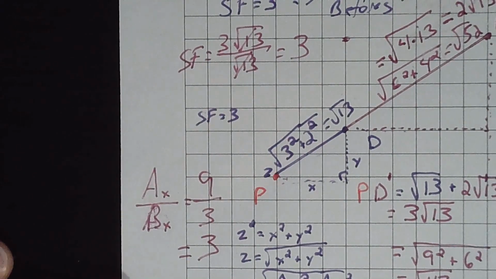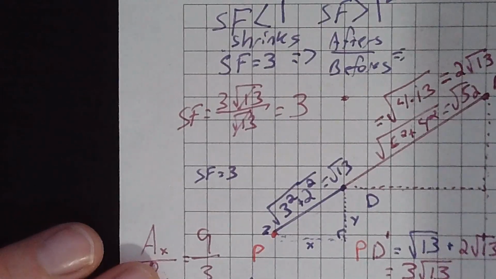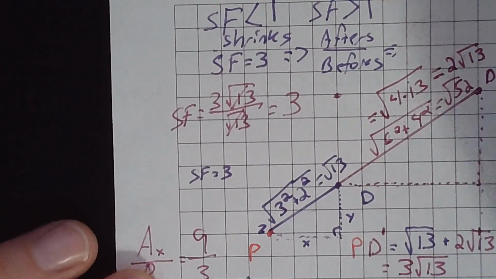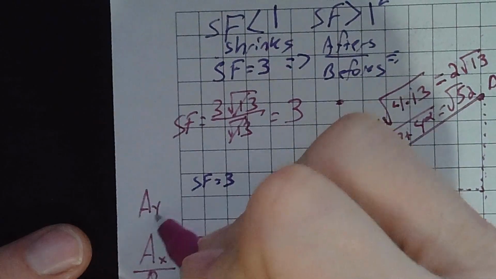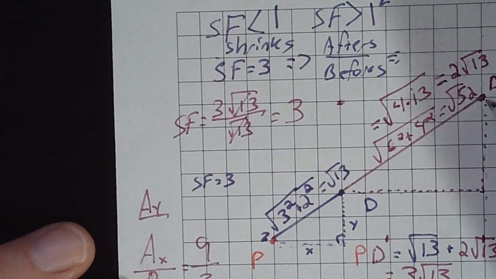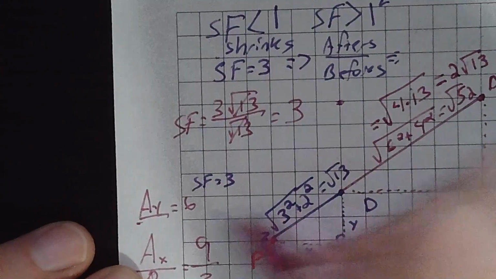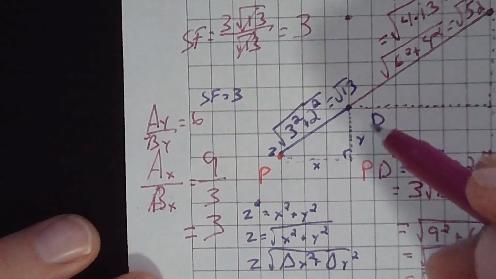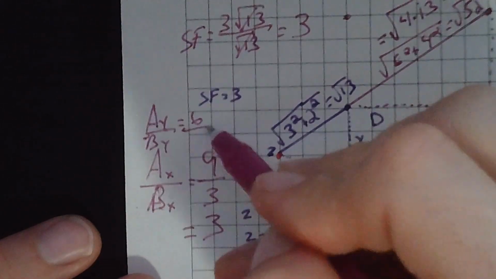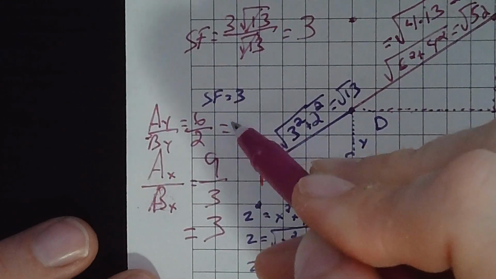It also works in the y direction. My after distance in the y direction is 1, 2, 3, 4, 5, 6. My before y direction distance is 1, 2. So that's going to be equal to 3.